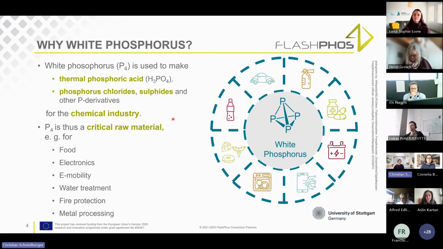For instance, in the food industry, in the electronic industry to produce microchips, in e-mobility, in the batteries, white phosphorus is used in some form, and one of the best-known uses is as a flame retardant in the fire protection section.